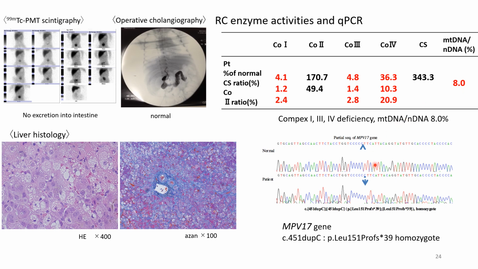Then Sanger sequencing identified a pathogenic variant in the MPV17 gene. He was diagnosed with MPV17-related hepatocerebral mitochondrial DNA depletion syndrome.